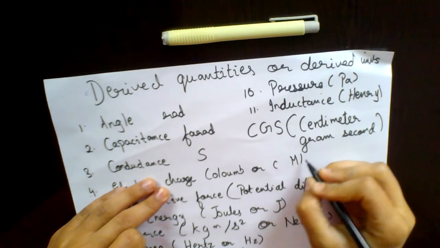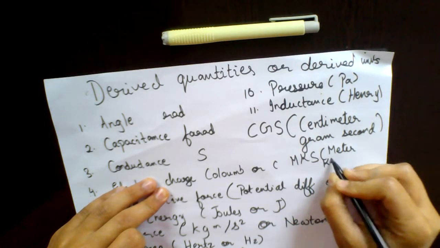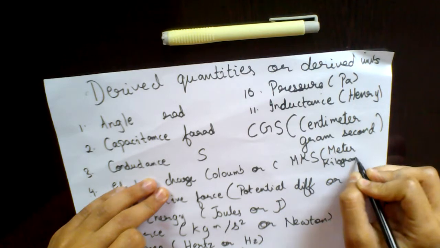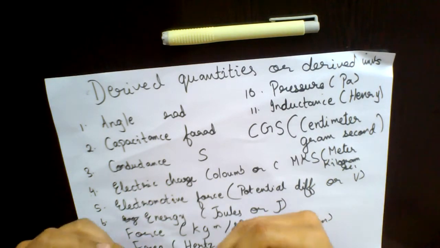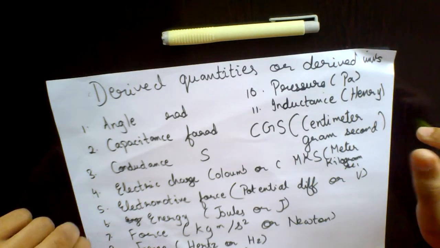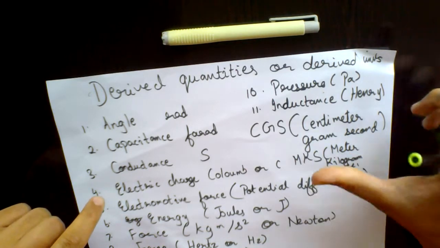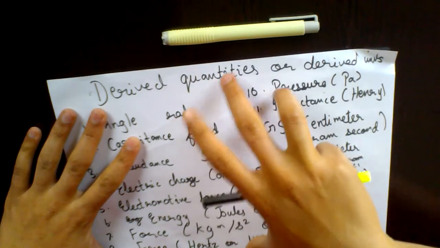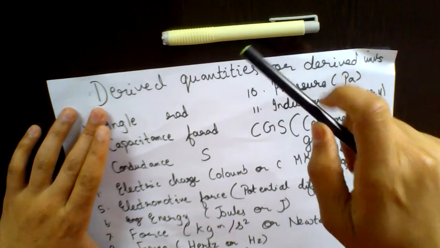And then you have MKS, which is meter, kilogram, second. Apart from this, you even have the imperial system of units, which is adopted by some countries partially, but you must remember the SI system of units is the most used system of units internationally.